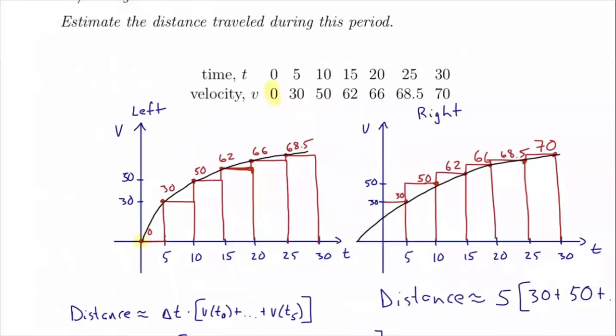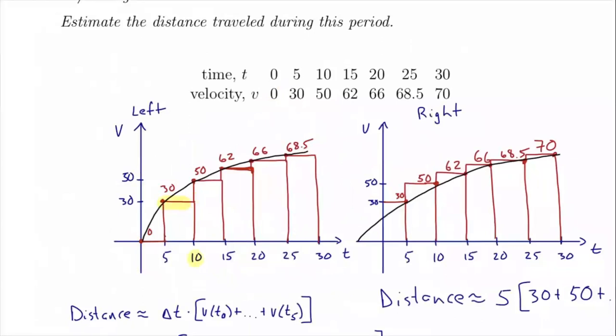At time t equals 0, the velocity was 0, so the rectangle has height 0, a flat line until we get to 5. At time t equals 5, the rectangle has height 30, marked off right here, and that's a flat constant 30 that we assume. We just assume it traveled 30 miles per hour until we get to time t equals 10.